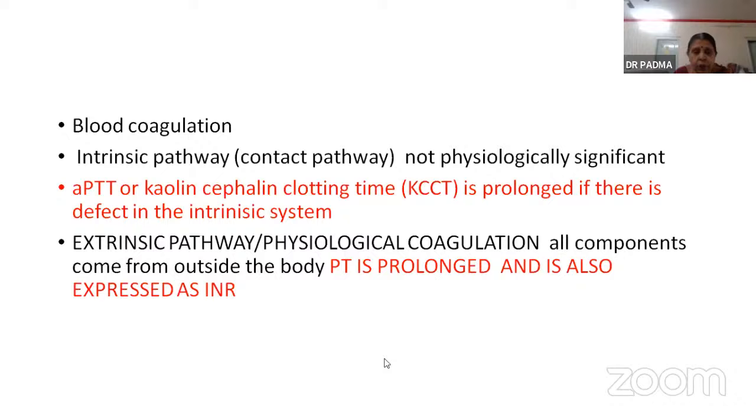The intrinsic pathway is known as the contact pathway, and this is not physiologically significant. The APTT, or the kaolin cephalin clotting time, is prolonged if the defect is in the intrinsic system. That means it might be congenital, or there may be deficiency of certain factors, including antithrombin 3, factor 10, factor 2, anything can be there.